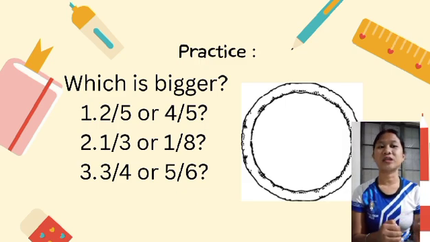And if both denominators are different, make them the same and then compare. Understanding these rules makes it easier to know which fraction is bigger or smaller. Fractions are important because we use them in our daily lives, like when sharing food, measuring ingredients, and dividing time.